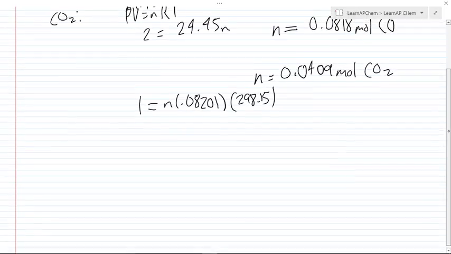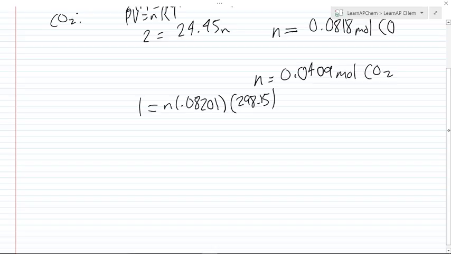It's saying, is the RMS speed of CO or CO2 greater? And so what we can do is plug this into Graham's law, which is m1 over m2 equals V RMS 2 over V RMS 1.